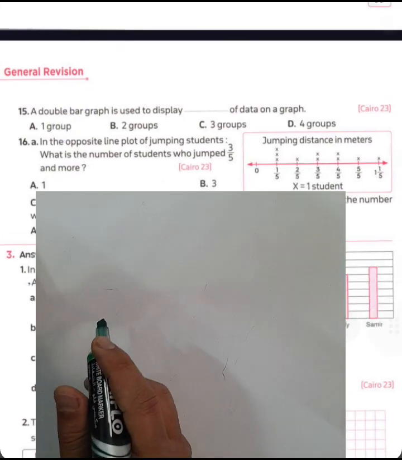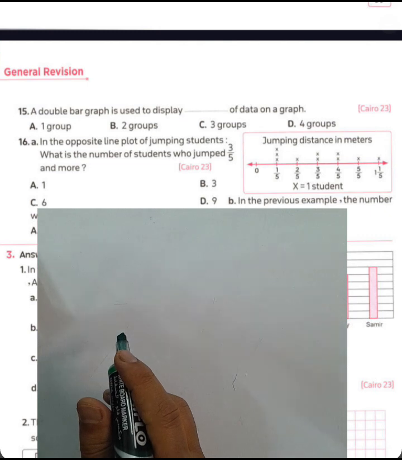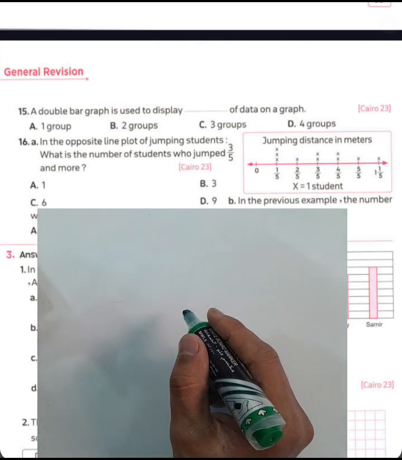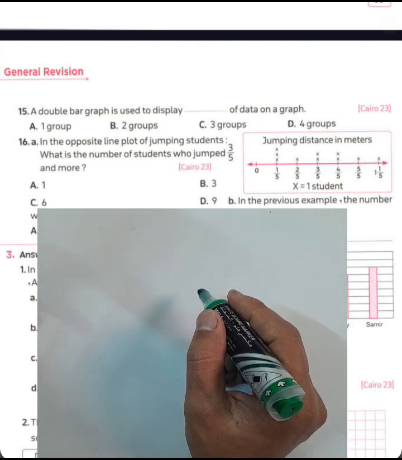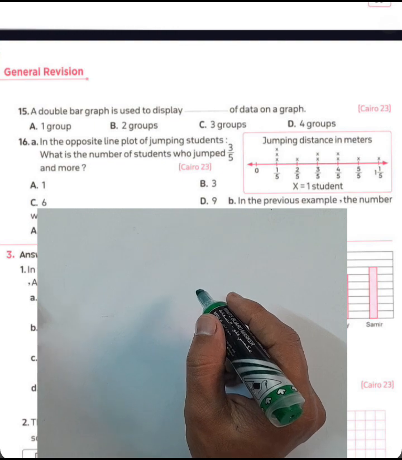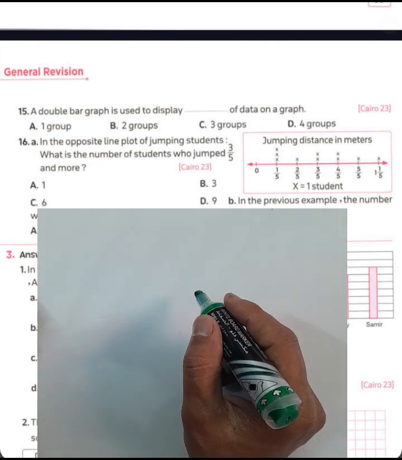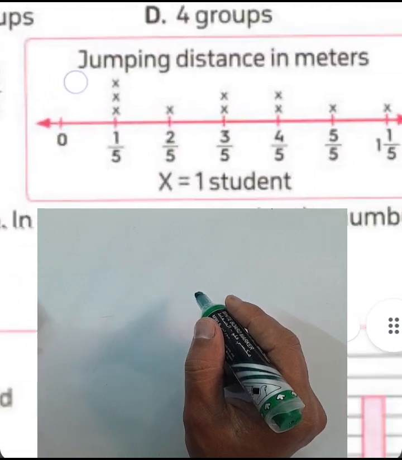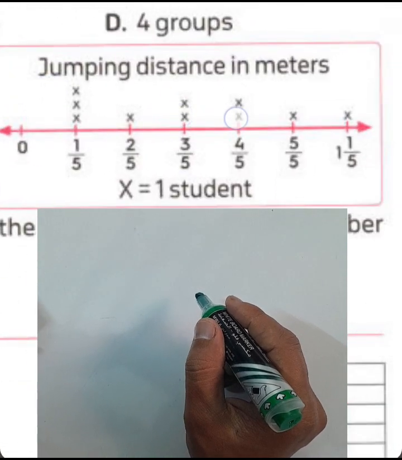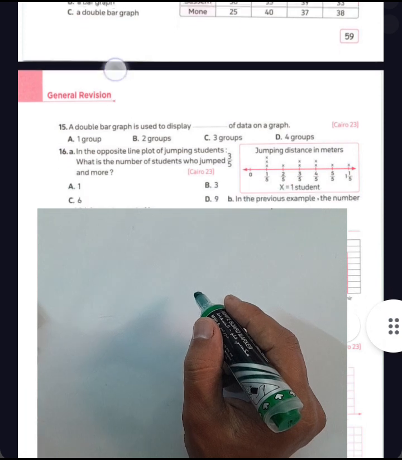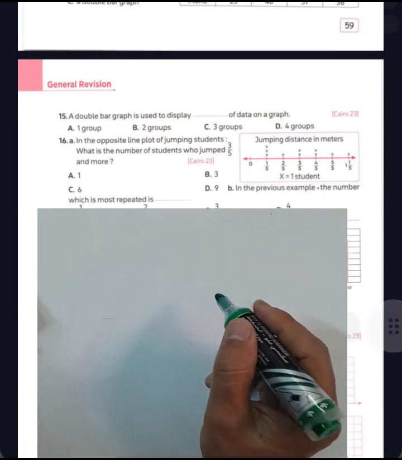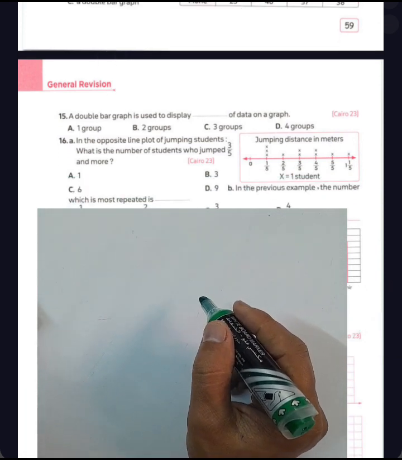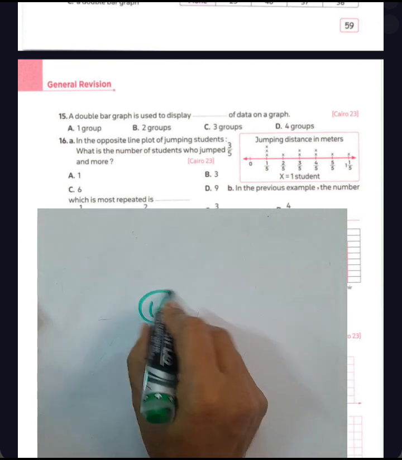In the opposite line plot of jumping students, what is the number of students who jump 3/5 and more? We can count them: 1, 2, 3, 4, 5, and 6. Choose letter C.